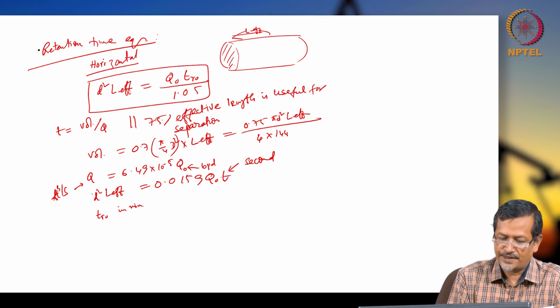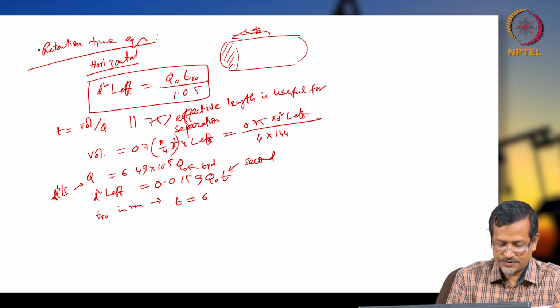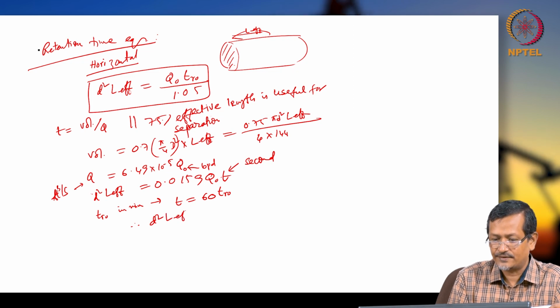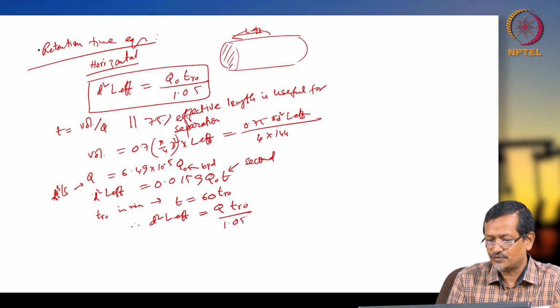So TR in minutes, the equation will be T equals 60 TRO, therefore d square LEFF equals QO TRO 1.05.